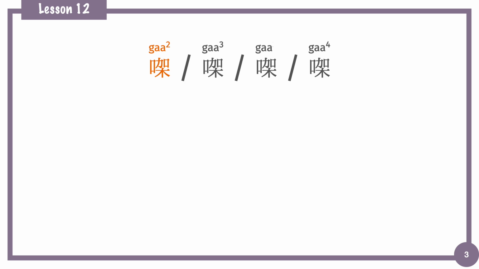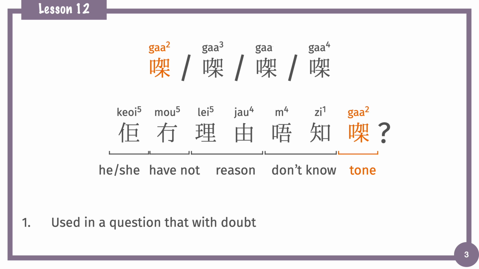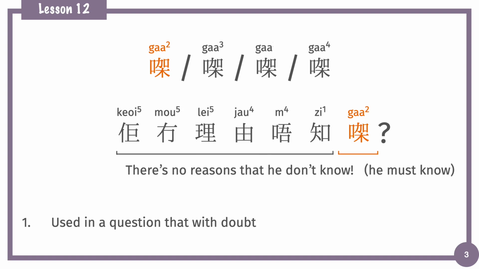It is used in a question with doubt, but shows an affirmative meaning, such as 佢冇理由唔知㗎. 佢 means he or she, 冇 means have not, 理由 is reason, 唔知 is don't know. 佢冇理由唔知 means there's no reason that he doesn't know. And 佢冇理由唔知㗎 means he must know it.